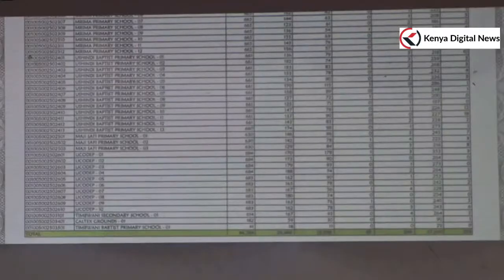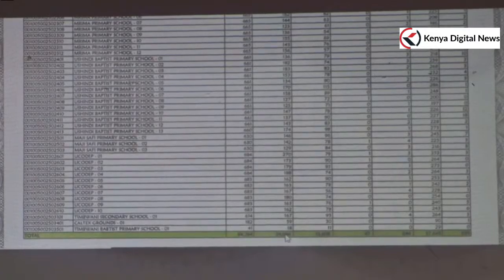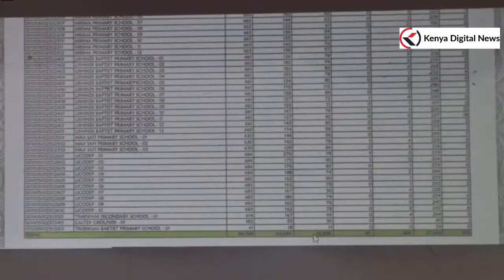So looking at this and looking at that, the only thing that can be easily visible is the totals down here. You can see that in this form, I have the Right Honorable getting 24,544 votes, and His Excellency Ruto is getting 12,808 votes.